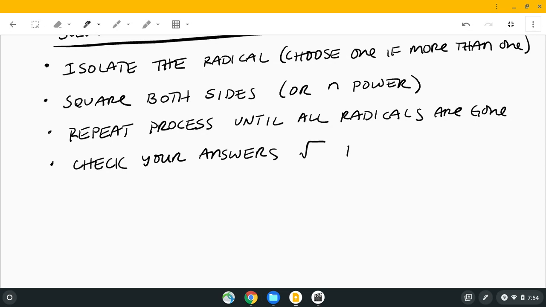This for square root is the principal square root, so only positive answers.